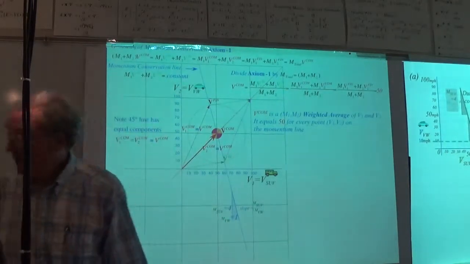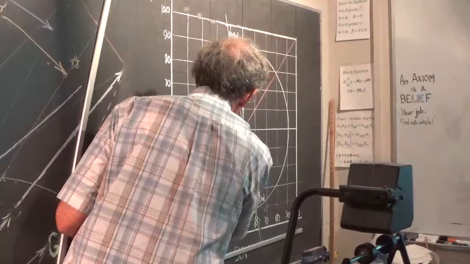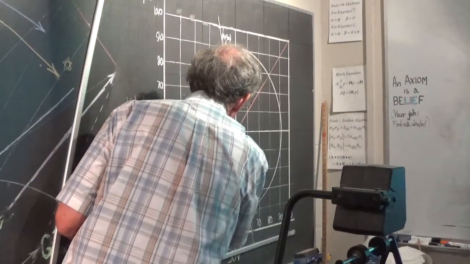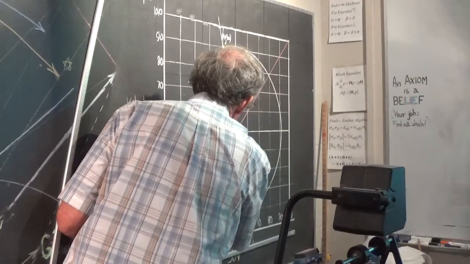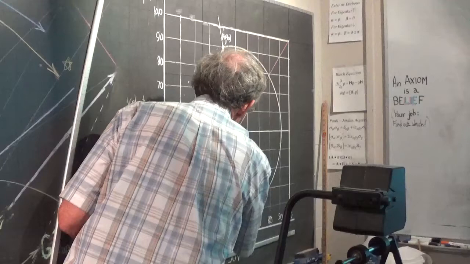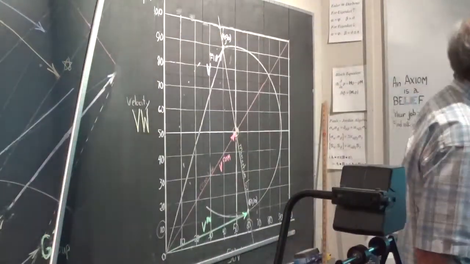So we might as well name that. When I say momentum line, let me get over on the side here and write momentum line on that because we use it so much in the text. So that line with slope of -4 going through the initial and final points.